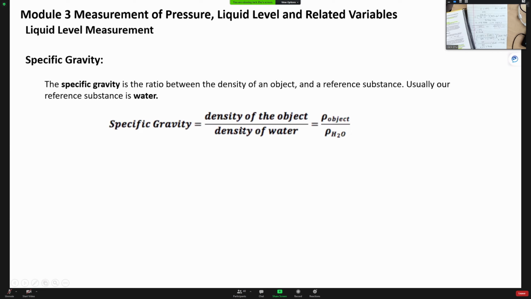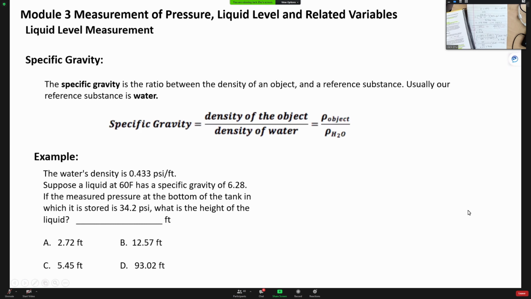Here, because it's a liquid, we use the density of a certain liquid compared to the density of water, because the density of water is a standard value. Comparing those two gives us a number. This number is called the specific gravity of whatever liquid you are trying to measure. Don't need to worry about this.